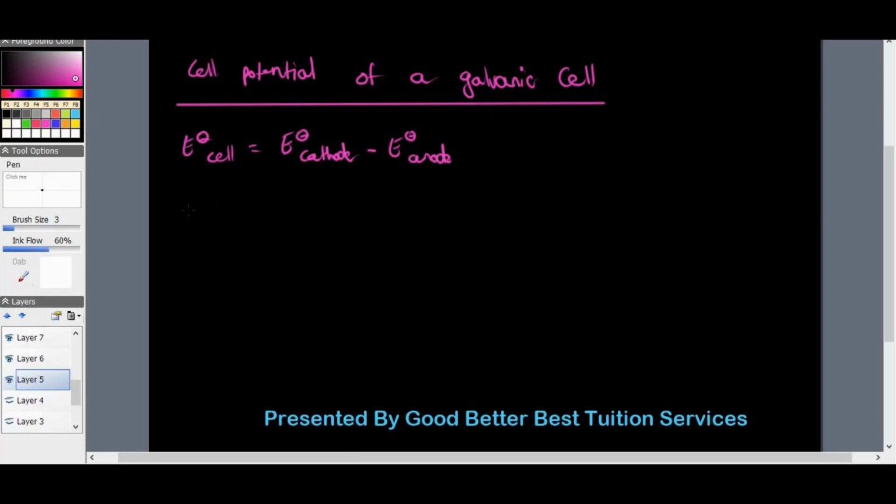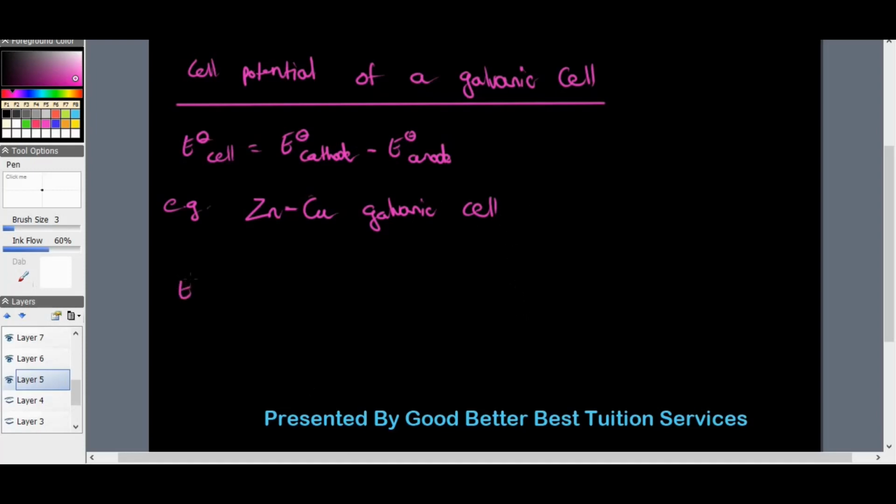Now for an example with a zinc copper galvanic cell, how would this look if we included values?